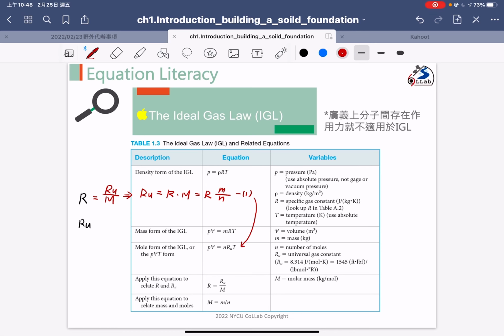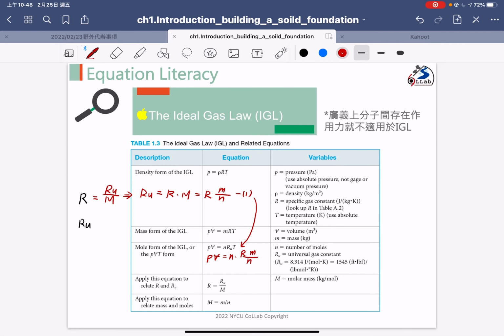we can rewrite PV equal to N multiplied by the specific gas constant, and M is the mass divided by N, and T is the absolute temperature.